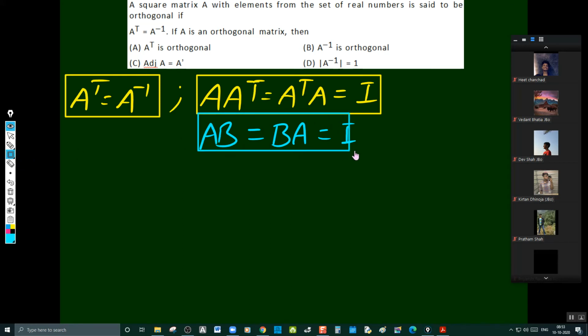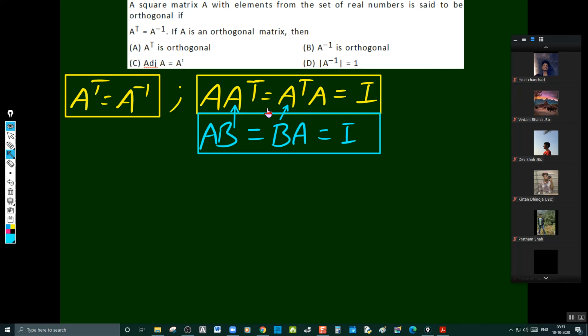AB is equal to BA is equal to I. Now, if you compare it with the orthogonal definition, obviously, in place of B, you have A transpose, and it is quite applicable. Correct or not? So what can be concluded from this one?